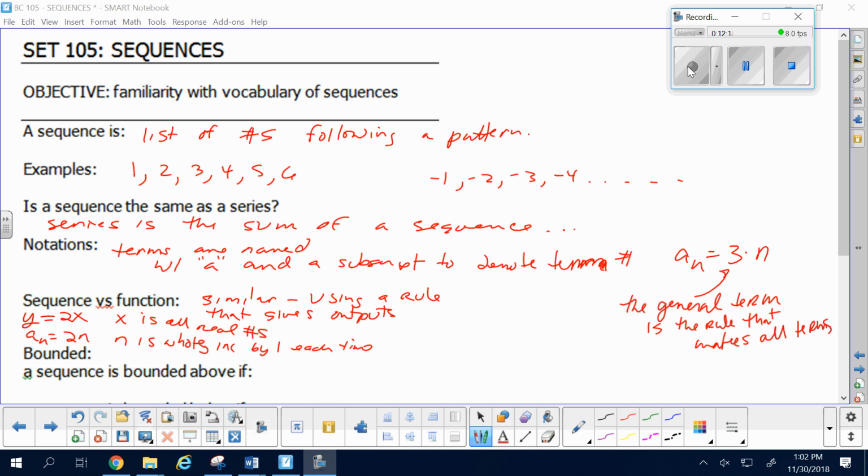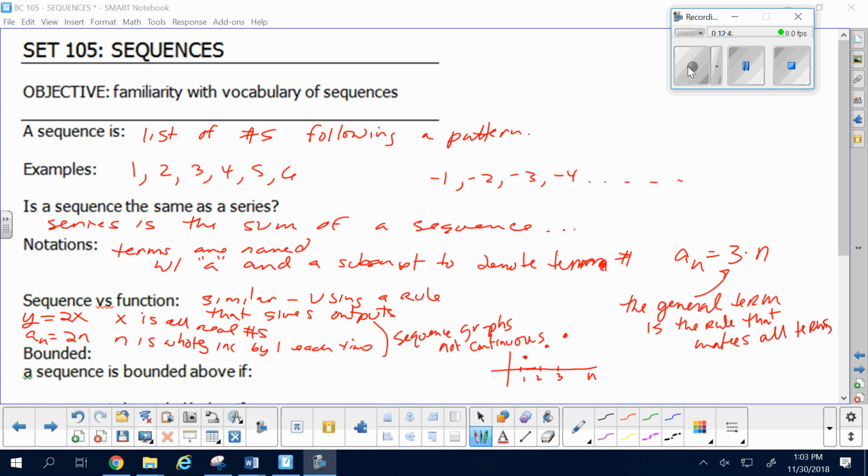Because of that, because n is only whole, sequence graphs are not continuous. They're not connect the dots. They're more like: the first term is 1, the second term is 2, the third term is 3.